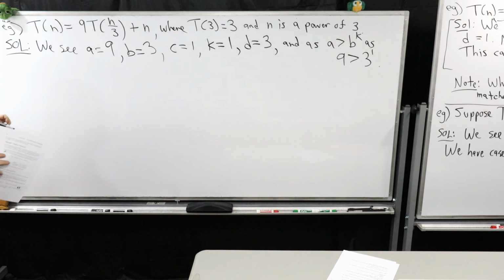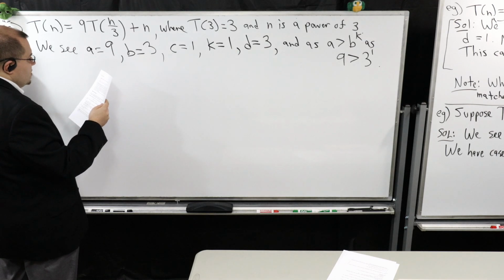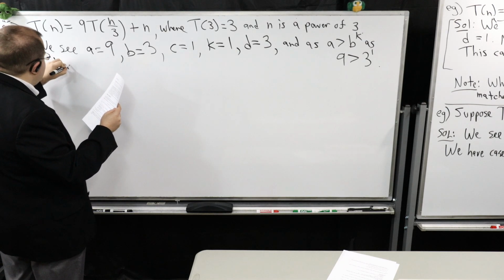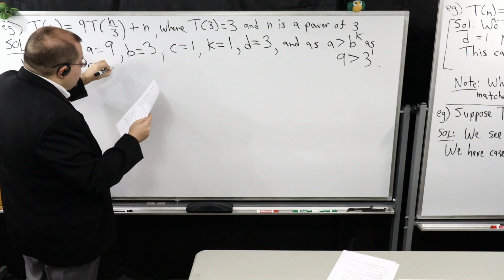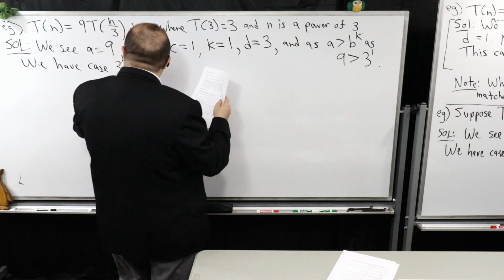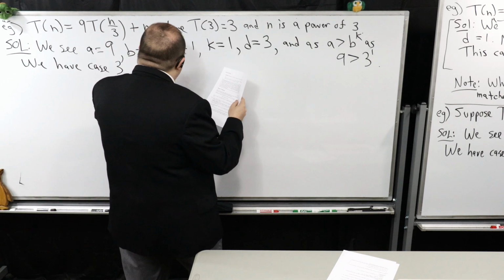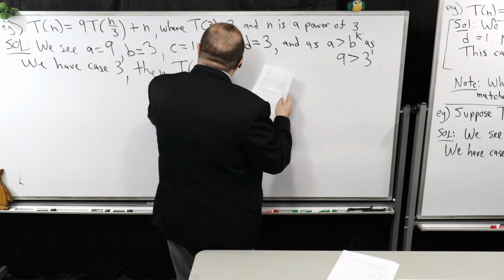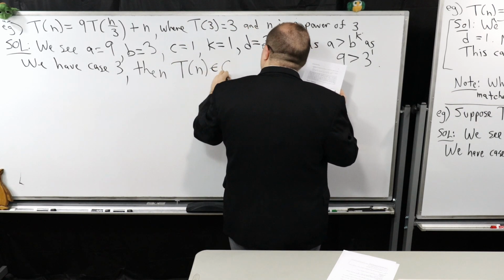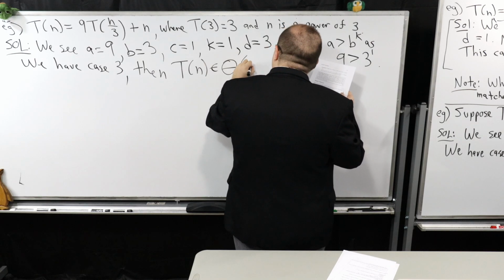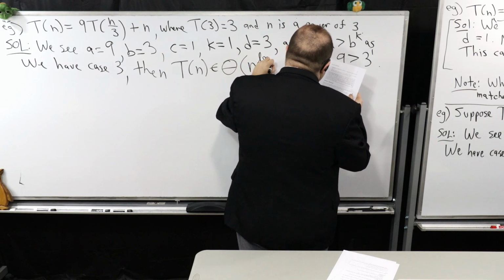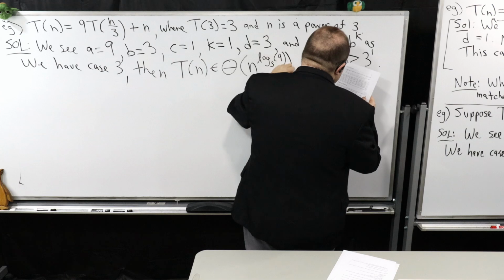So we have the third case, exactly. We have case 3. Then we just get theta of n to the log base 3 of 9.